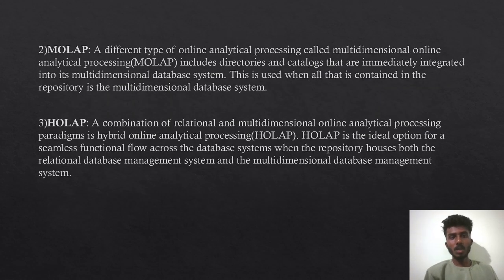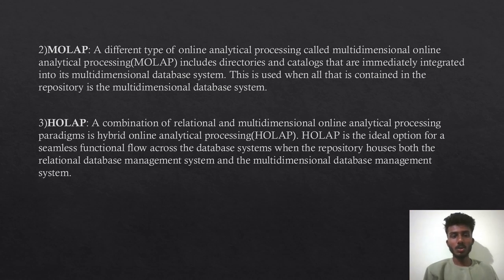The second one is MOLAP. A different type of online analytical processing, called multidimensional online analytical processing, includes directories and catalogs that are immediately integrated into its multidimensional database system. This is used when everything contained in the repository is a multidimensional database system.